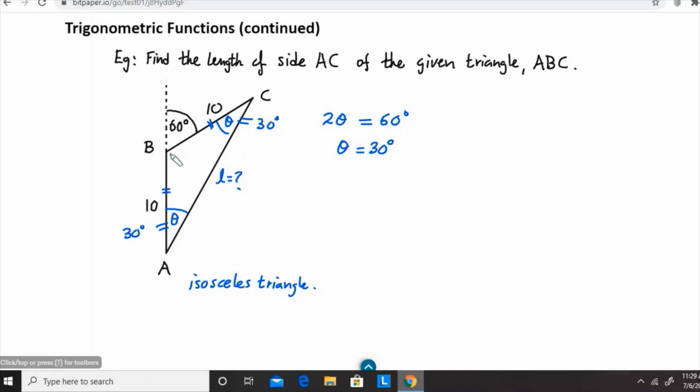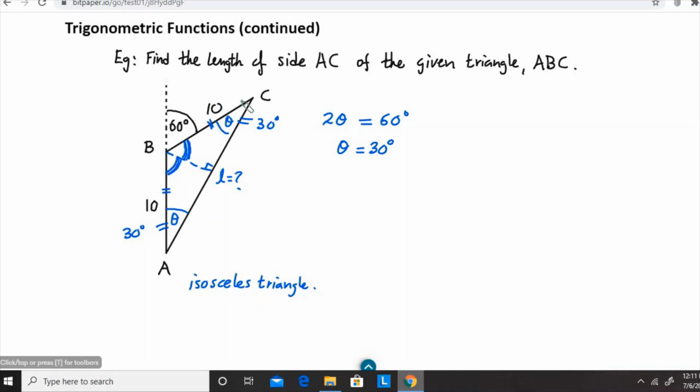What I'm going to do now is to draw a perpendicular line from point B to AC. So this is a perpendicular drawn to AC, and this line actually bisects this angle. So that means this angle equals this angle. So we have this angle over here equals this angle.